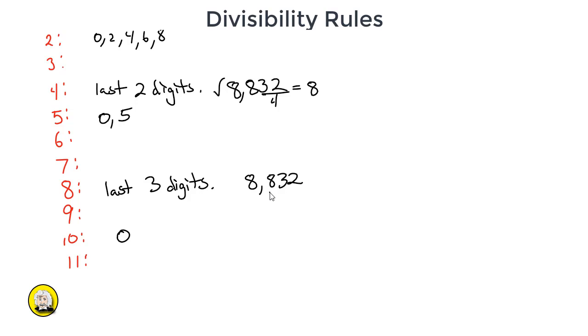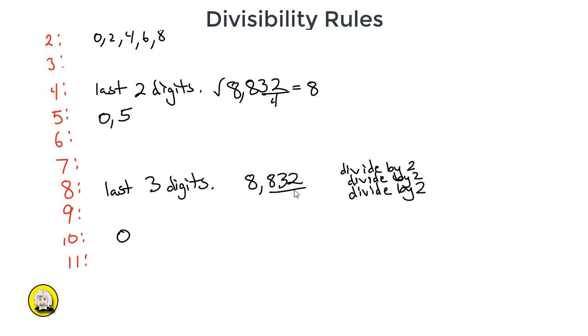8,832. I only need to check the last 3 digits, 832 in this case. Unfortunately, it's not always obvious whether a 3-digit number is divisible by 8 or not immediately. So if I look at it a little further, I might divide by 2, and then divide by 2 again, and then a third time divide by 2 yet again.